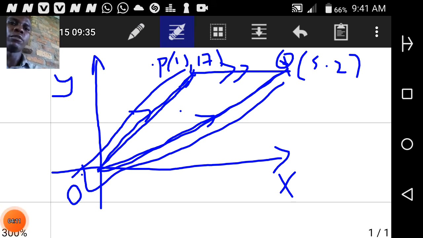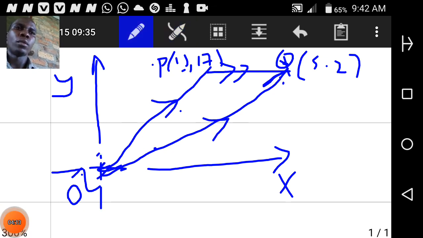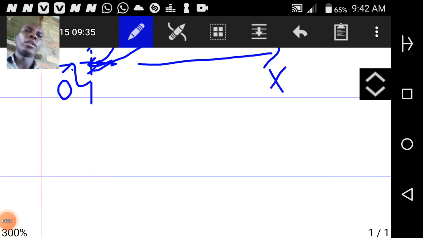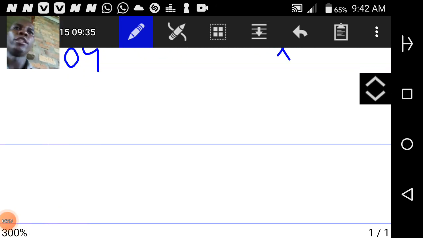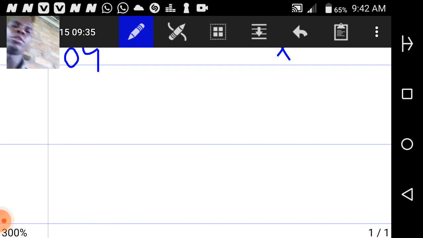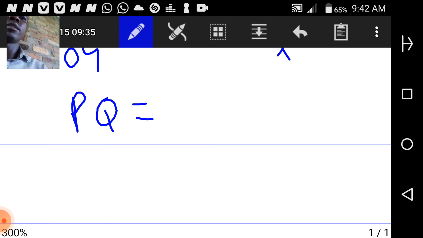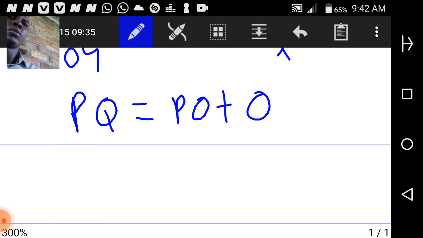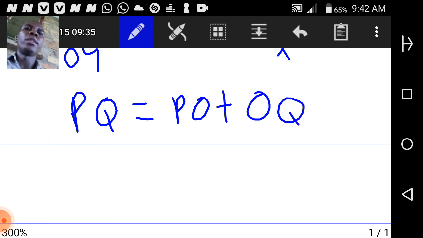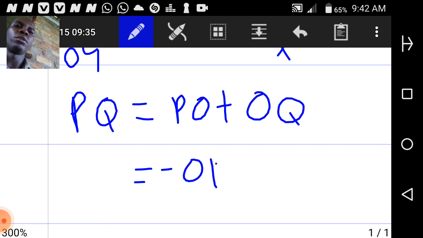So let us solve. We need to find PQ, and PQ is the same thing as PO plus OQ, but PO is the same thing as OP in the opposite direction, so it is going to be negative OP plus OQ.